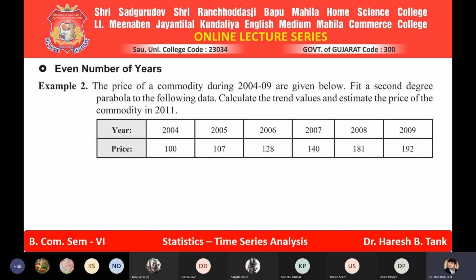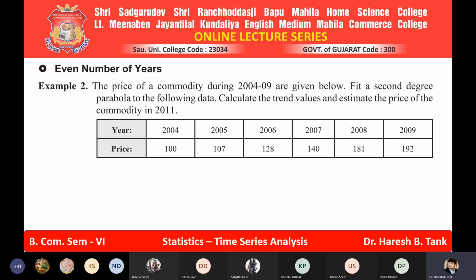Rewrite it again in the form of columns. The first column title is year. The second column is titled price.